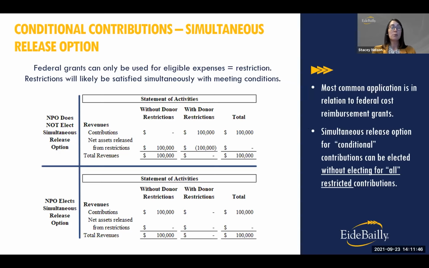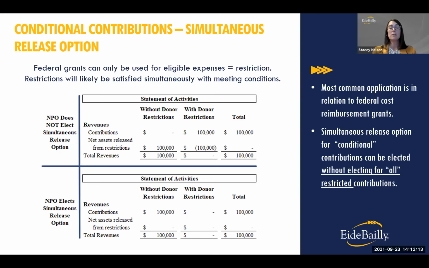This slide is presenting an example of what that would look like under the two different options. The top portion is where a nonprofit does not elect the simultaneous release option. You can see the contribution revenue recognized would be reported as an increase in donor restricted net assets, along with a reclassification to the assets without donor restrictions to reflect the satisfaction of the restriction.